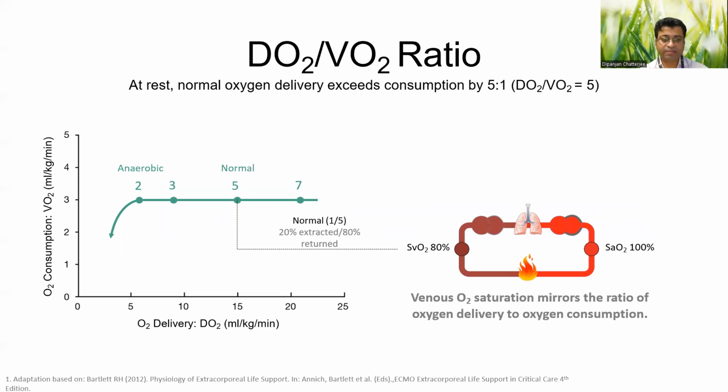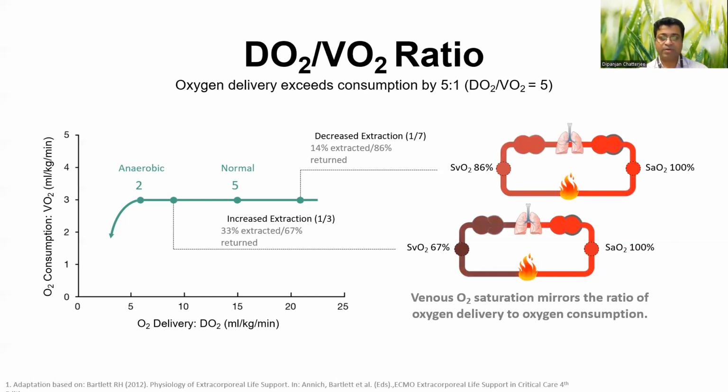But if the tissue oxygen requirement remains the same and our delivery to the tissue goes down below twice the tissue oxygen requirement, the metabolism becomes delivery dependent and anaerobic metabolism starts. It is precisely for this reason that we try to keep our oxygen delivery in the extracorporeal circuit at least 3 times our tissue requirement.